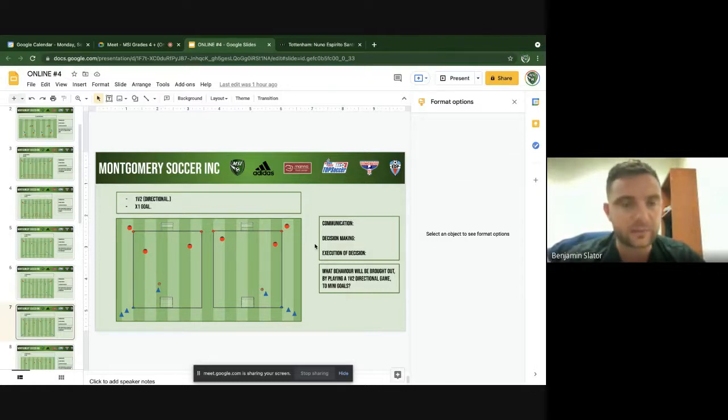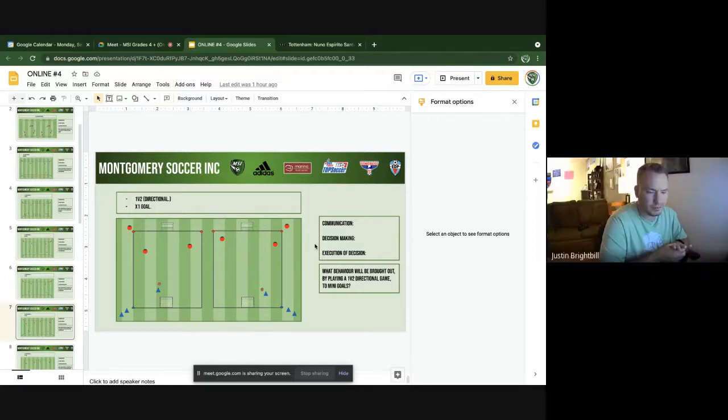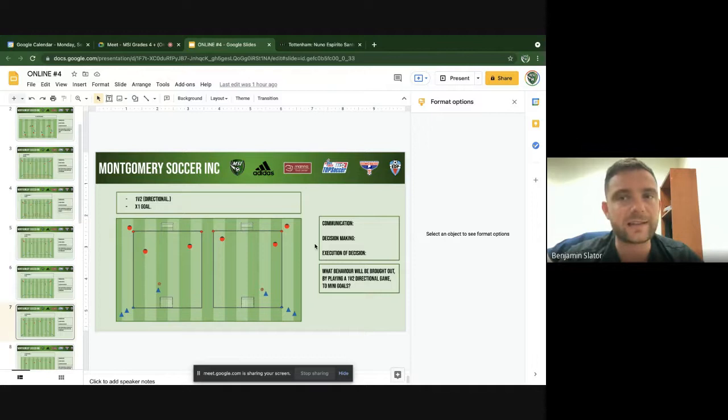The attacking player you have overloaded, because now they have to recognize not to create a 1v2, but to create what? 1v1. Exactly. So this has progressed to increase the speed of decision making, and instead of 1v2, make it 1v1 because there is a better chance to score.